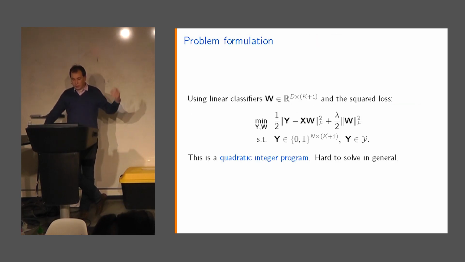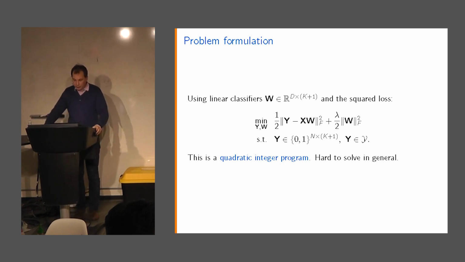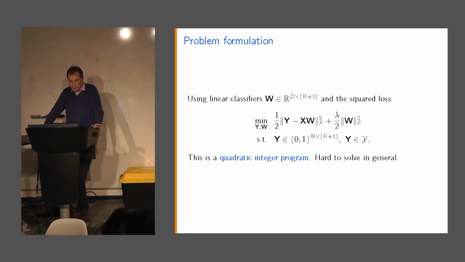So again, we can formulate this using a linear classifier and the squared loss, and we obtain a problem that's very similar to the previous one, except that the constraints on y are a bit different, but again, that's still linear constraints. So we still obtain a quadratic integer program.